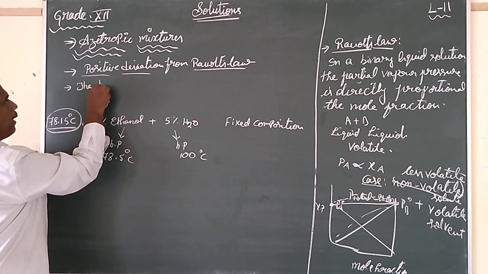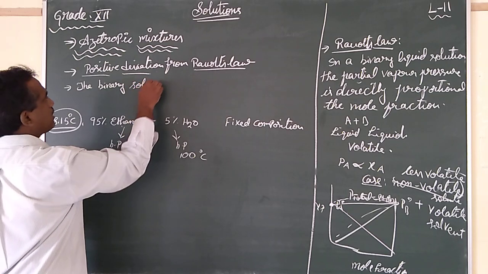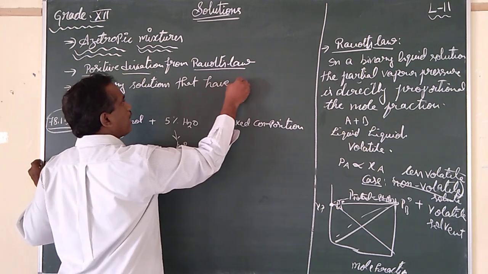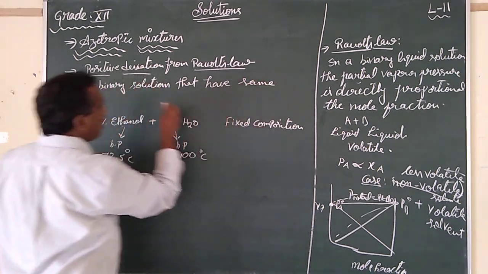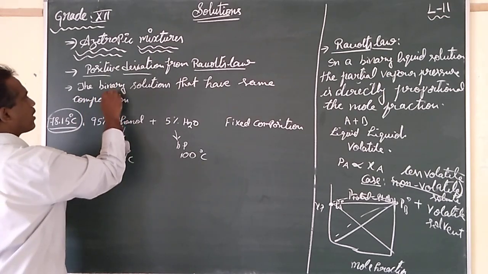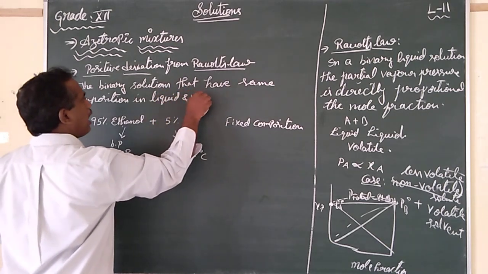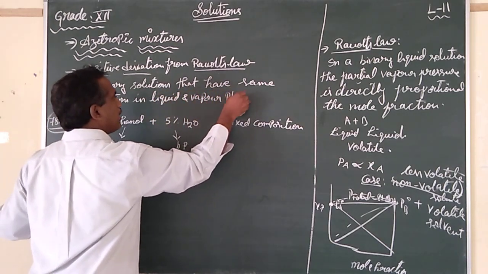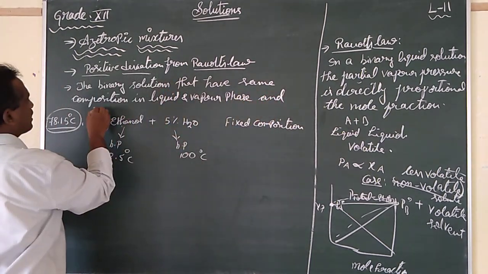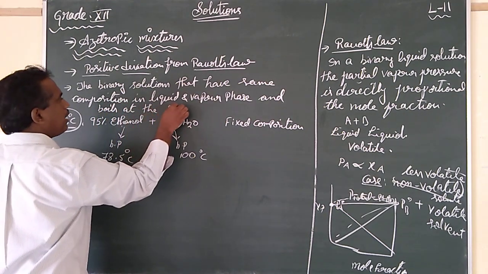Azeotropic mixtures are binary solutions that have the same composition in the liquid and vapor phase, and boil at the same temperature.